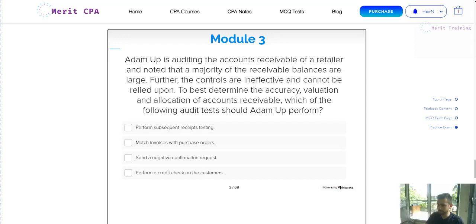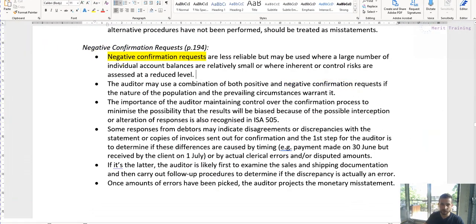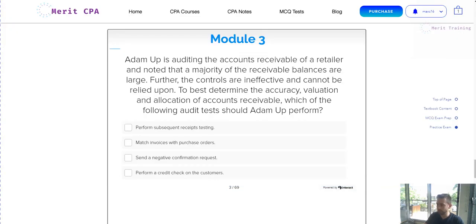So if we do a Control F in our notes for negative confirmation check, you'll find that negative confirmation requests are less reliable and generally used where there's a large number of account balances which are relatively small, or where inherent or control risks are assessed at reduced level. So it's not ideal in this situation, because it's generally used as a backup when the control fails.